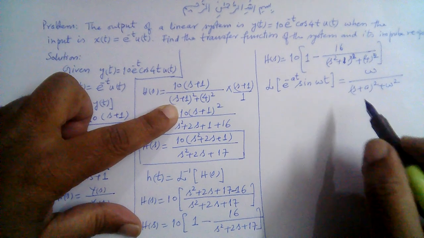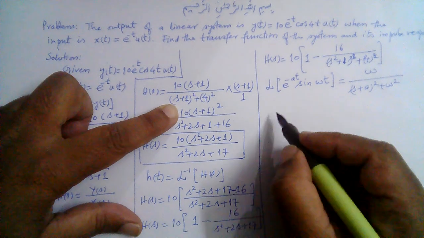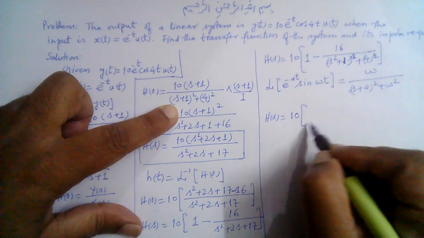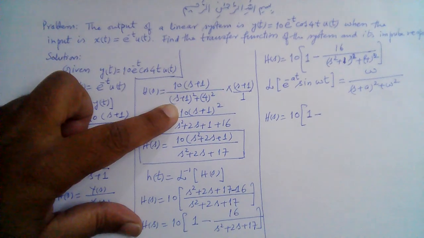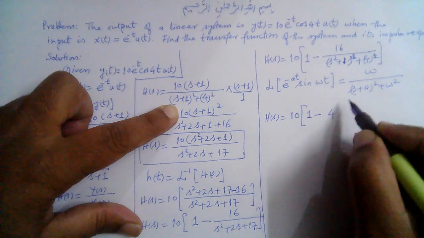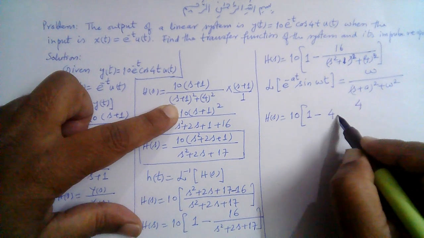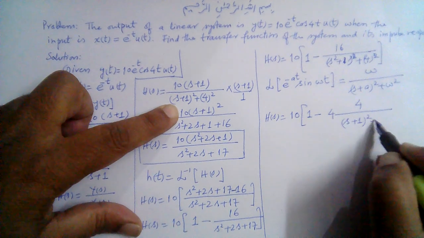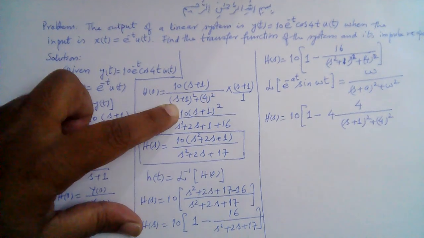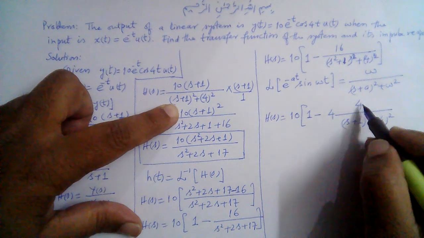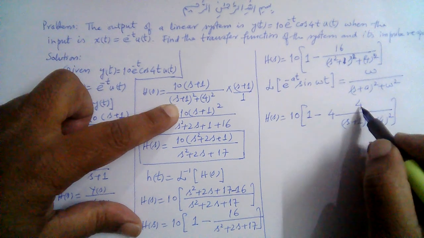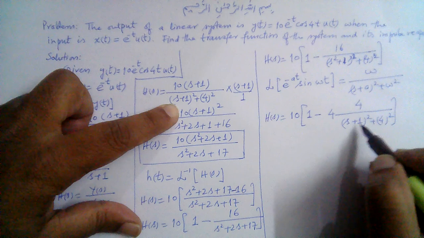So we can simply write it like this: h of s is equal to 10 times 1 minus, and we can write 16 as 4 multiplied by 4, over s plus 1 squared plus 4 squared, right? So this 4 multiplied by 4 is 16, and in this form, this is omega, and this is a here.